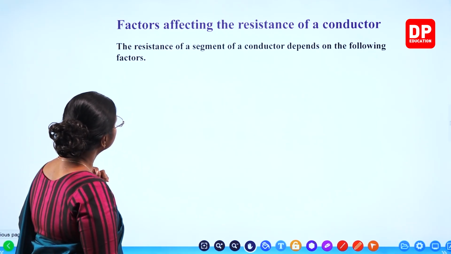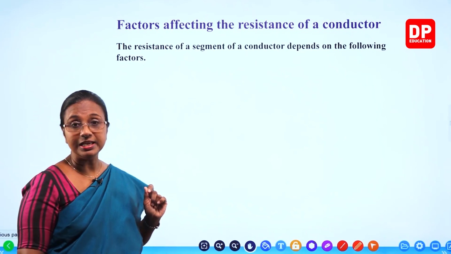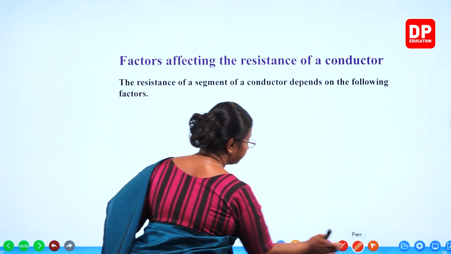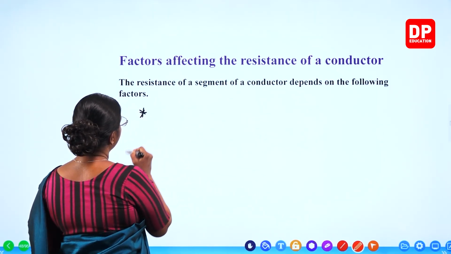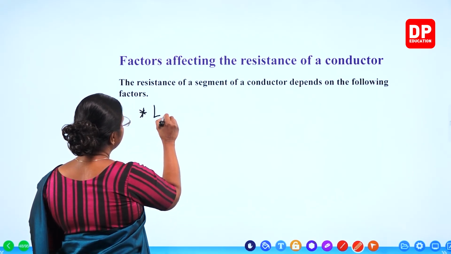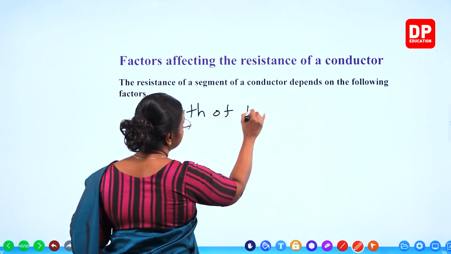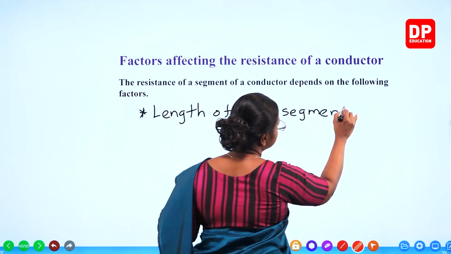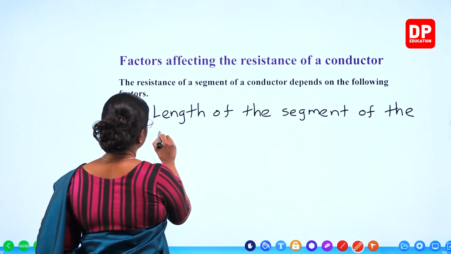The resistance of a segment of a conductor depends on the following factors. First, the length of the segment of the conductor.